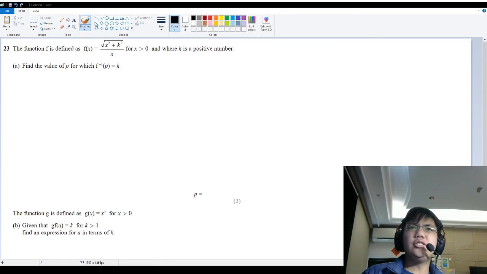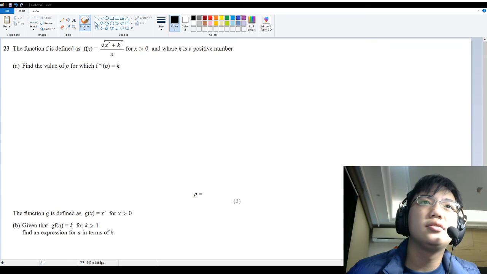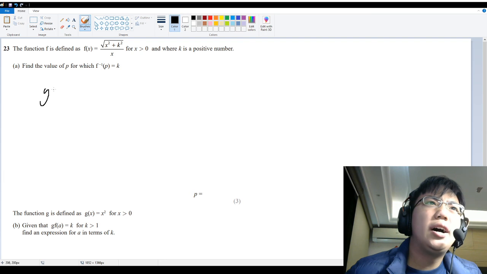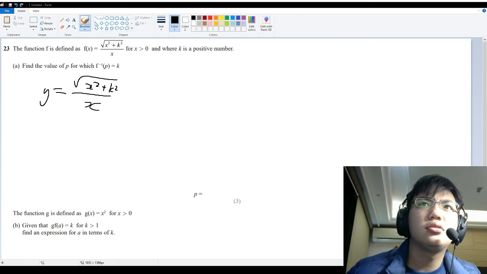What we need to do for this is first state y equals the square root of x squared plus k squared over x.